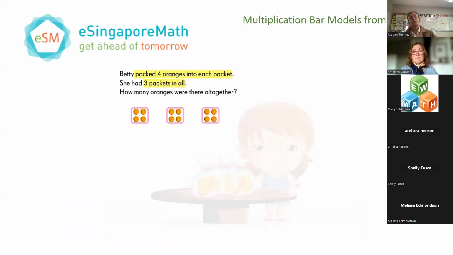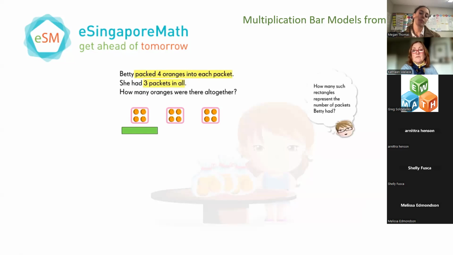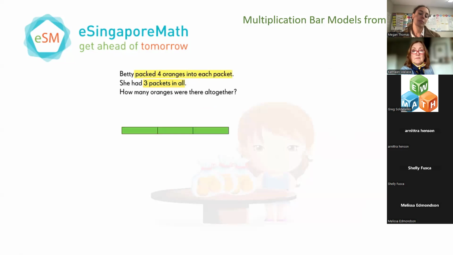Let's draw a bar model to represent the problem. We draw a rectangle to represent the number of oranges in a packet. How many such rectangles represent the number of packets Betty had? Betty had 3 packets, so we draw 3 rectangles. There are 4 oranges in a packet. We need to find the total number of oranges.